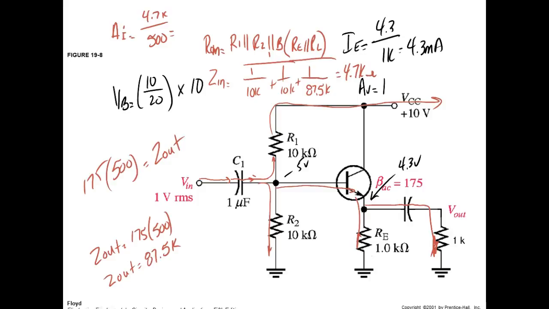What's our current gain, guy? 9.4. So what's our power gain? Y'all understand that? Because we don't get any voltage gain, and power is equal to V times I, right?